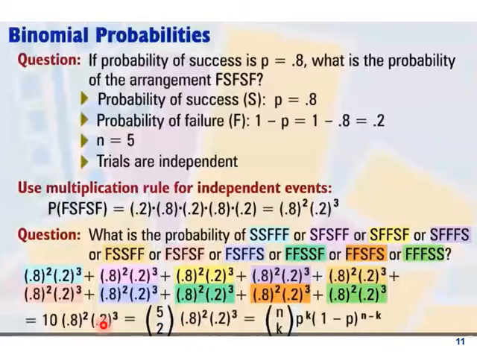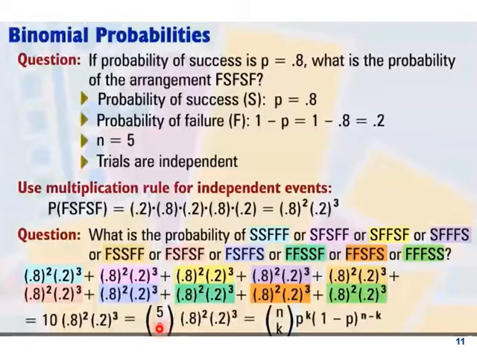Now if we substitute the symbols in this equation, what do we get? This 5 is the number of trials, N. K is the number of successes. So how many successes are we looking for? It is 2, in every outcome we can see here.